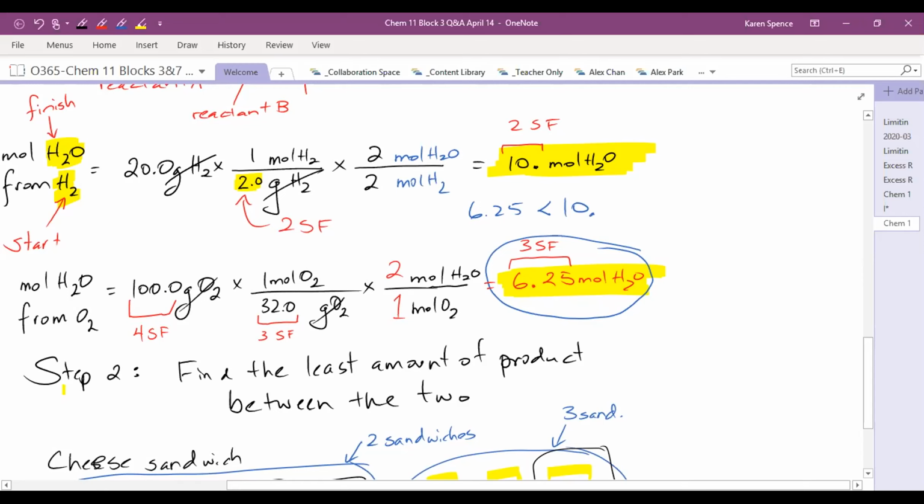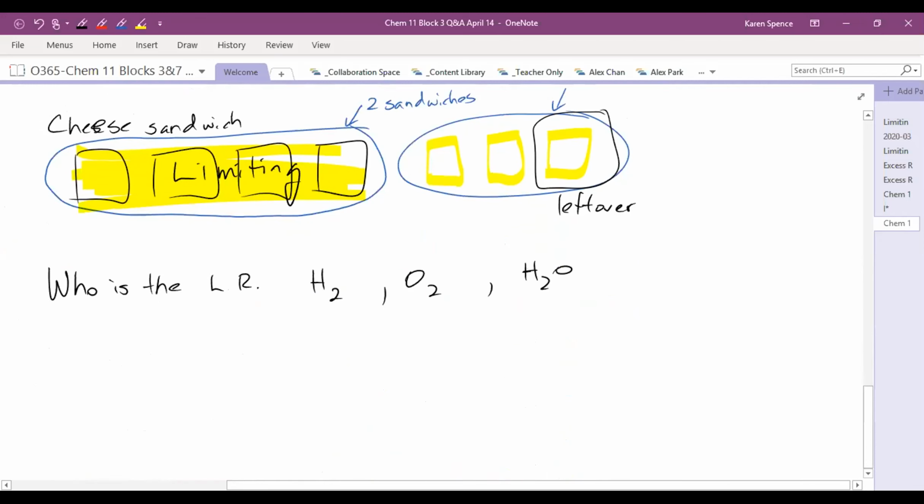Okay. So in this particular question, we are asked which reactant is present in excess. So which reactant is present in excess? Yeah, it has to be our other one. Yeah, it has to be the H2.